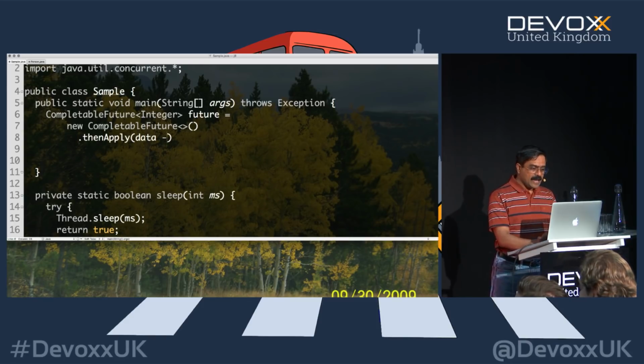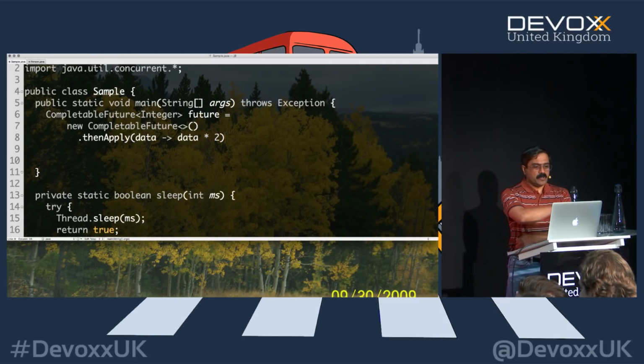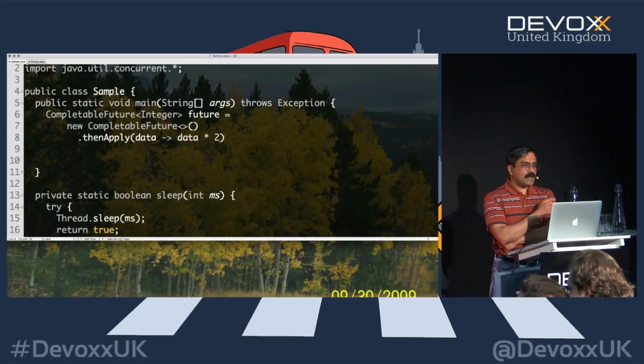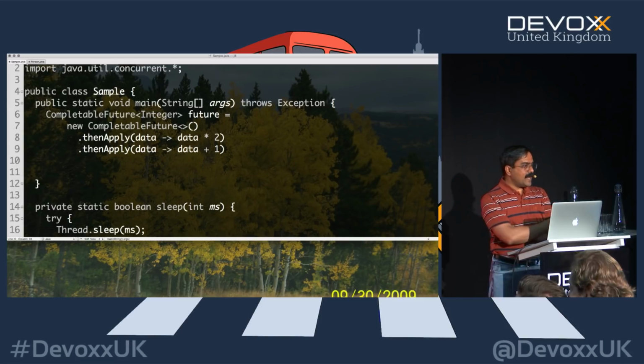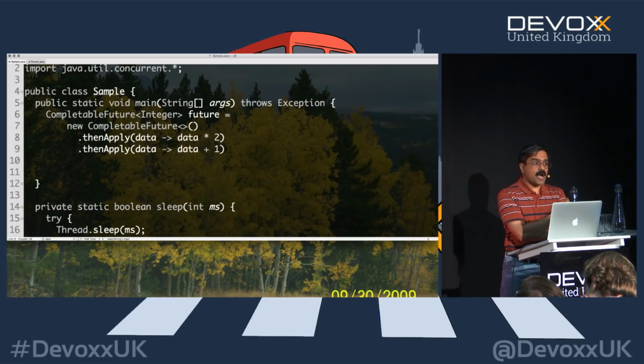Given a data, I want to say data times 2. So I'm asking it to continue with this pipeline, where I am going to build a pipeline of transformations. Then I say thenApply. Given a piece of data, I want to increment the data. So I could go through the pipeline and do various operations.